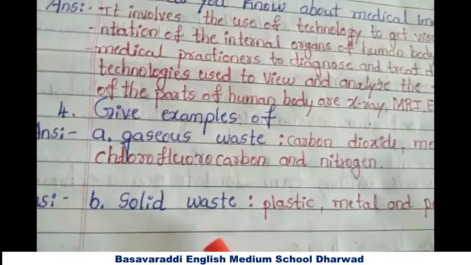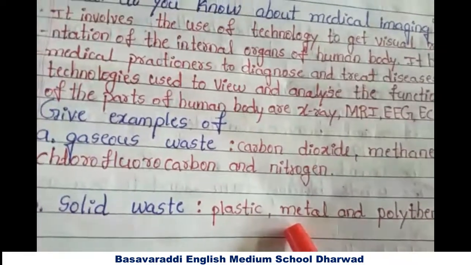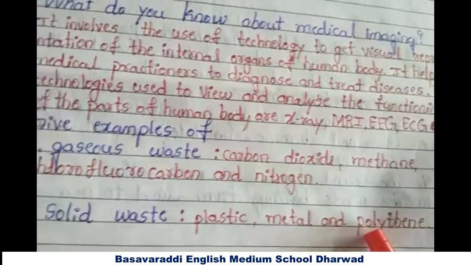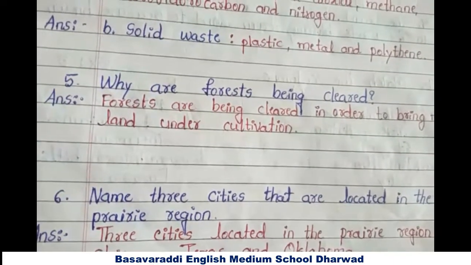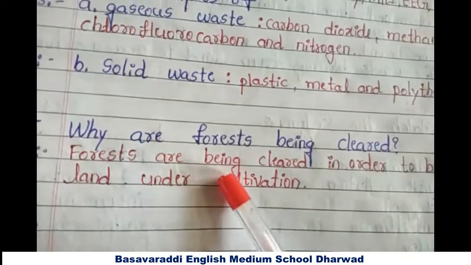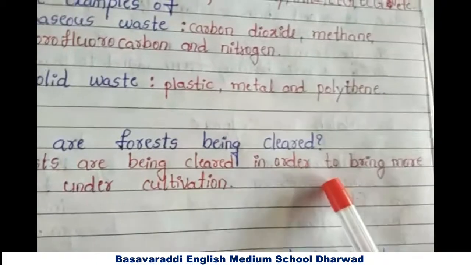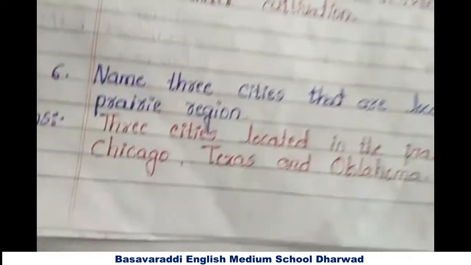Solid waste is hard material like plastic, metal and polythene. Next, fifth question. Why are forests being cleared? For what reason, children? Forests are being cleared in order to bring more land under cultivation.